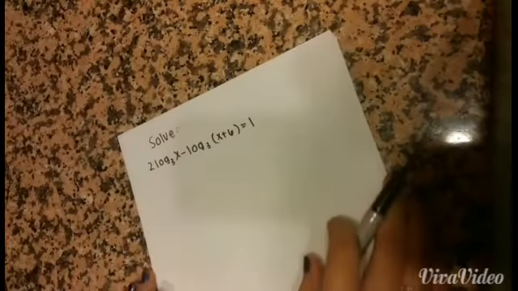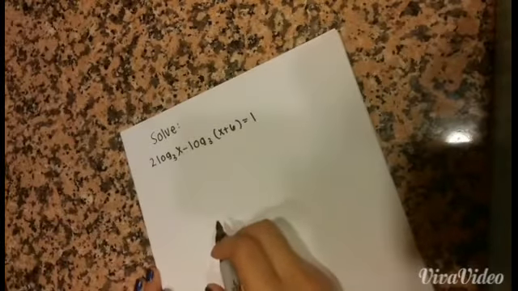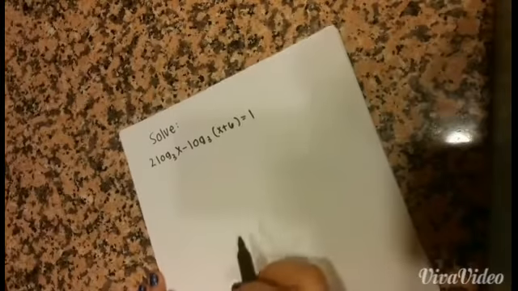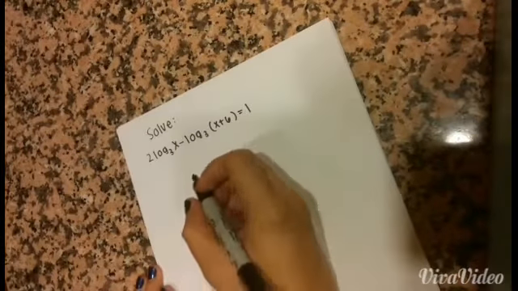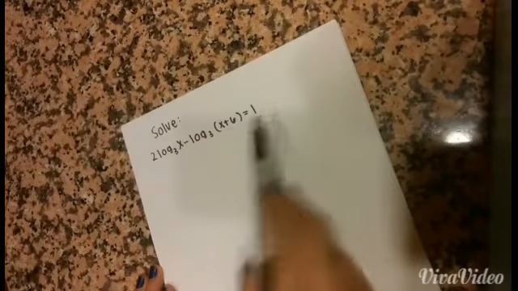So the problem that we're going to be doing is 2 log base 3 of x minus log base 3 of x plus 6 equals 1. To start off, I'm going to try and make the left side a single logarithm.